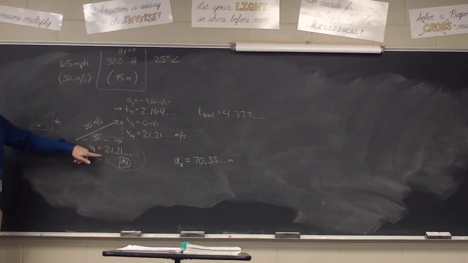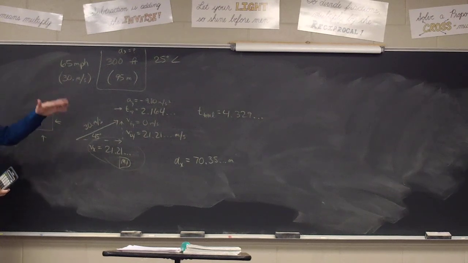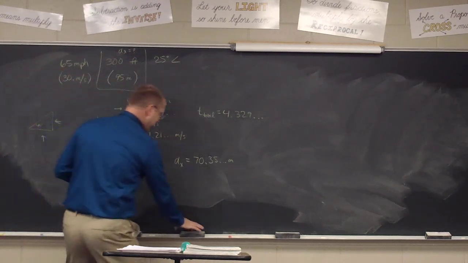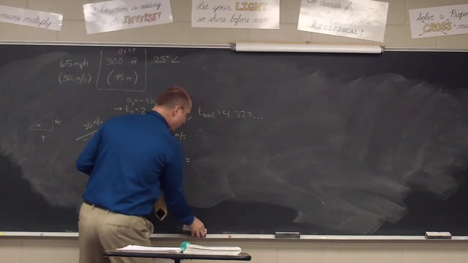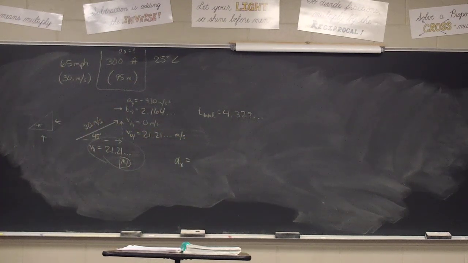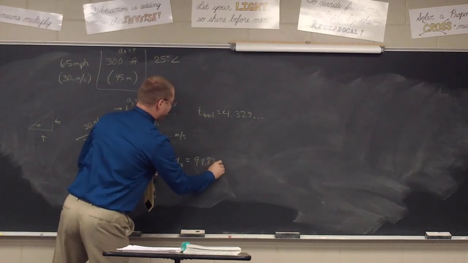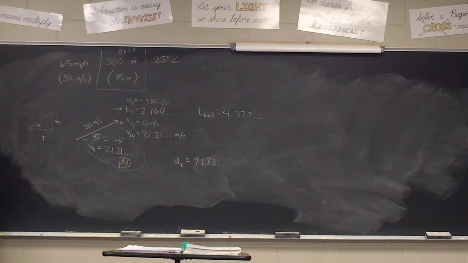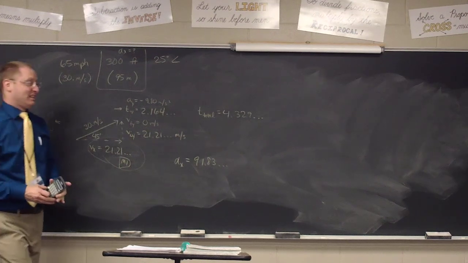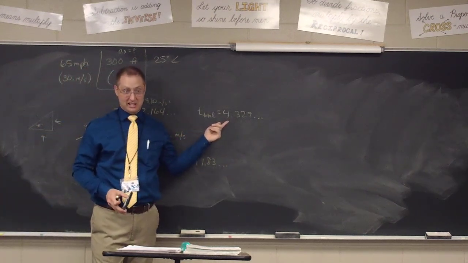So he lost a little forward velocity, but the ball's staying in the air longer, so he's going to get more distance. What do we have for his total distance? 91.83. Is he reaching home plate with that throw? The bounce maybe, but he's not getting there. And it took 4.329 seconds.